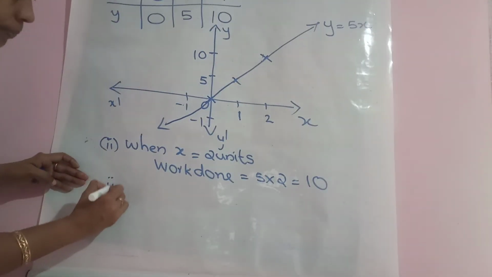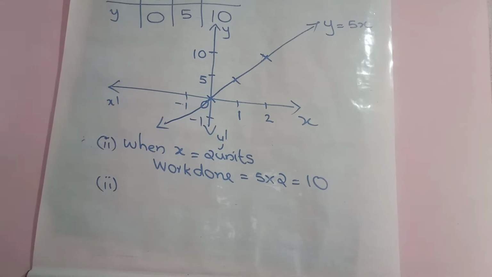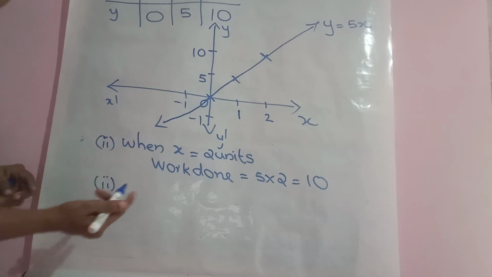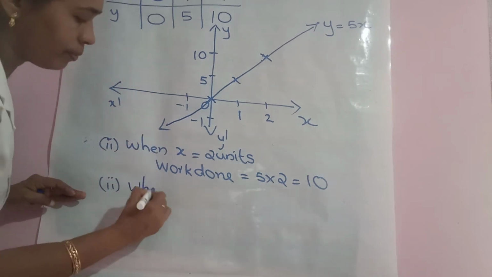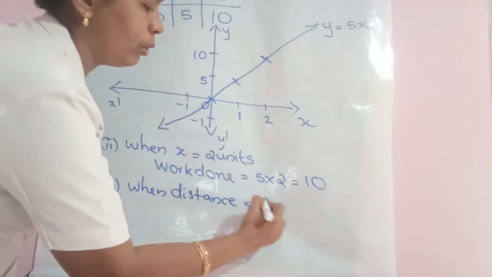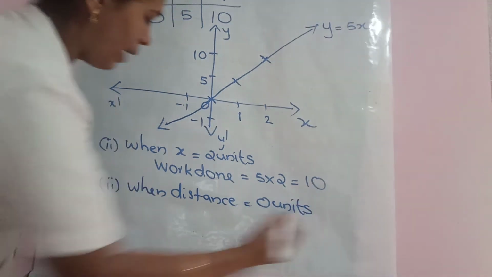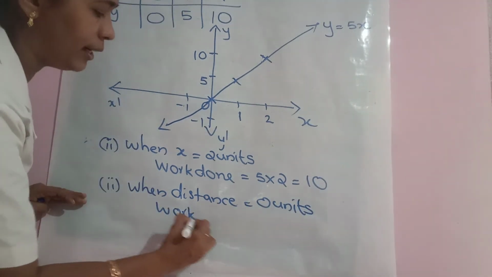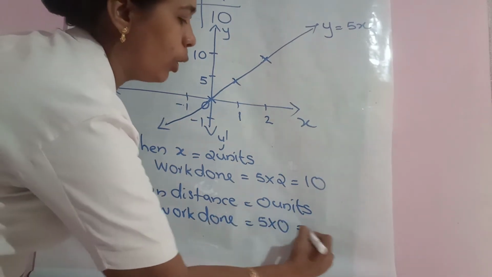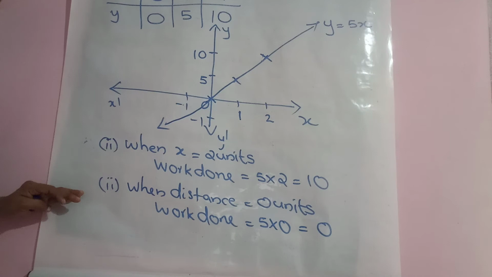That is, when x equal to how much is given? First one is 5 units and second one is 0 units. 0 we already wrote. So when distance equal to 0 units, what is the work done? So work done equal to 5 into 0 equal to 0 itself.